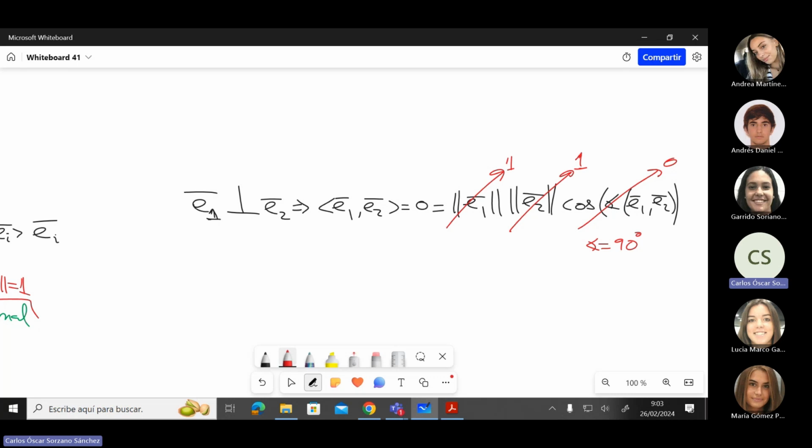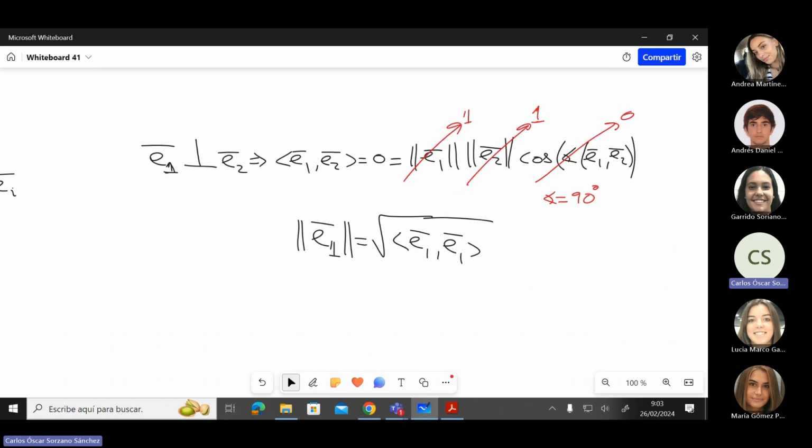That is something that we have not defined yet. That is the norm of it. So how do we define norms? We define norms as the square root of the inner product of a vector with itself. We haven't defined inner product formally for vectors of this type, but you know it already.